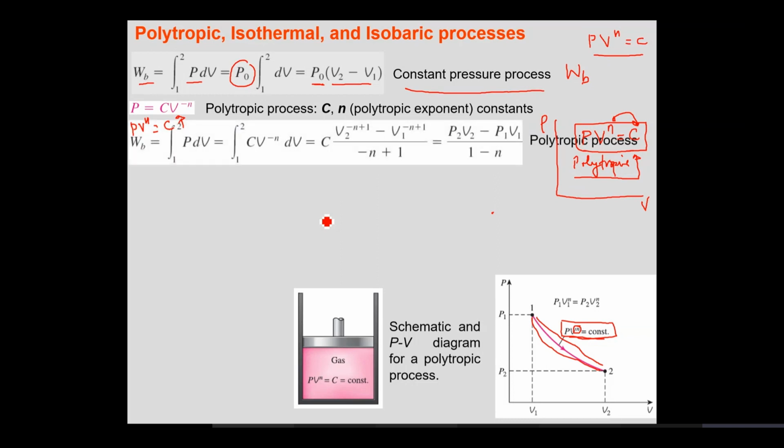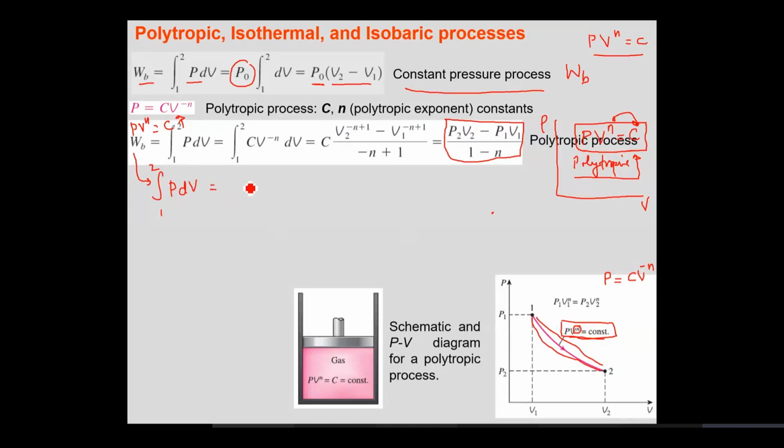For a polytropic process, the boundary work done is calculated using this terminology. How do you get to this terminology? Let's say you have PdV as the work. Integral PdV from 1 to 2 is the boundary work. Now we say that for a polytropic process, pressure is equal to C V to the power minus n.